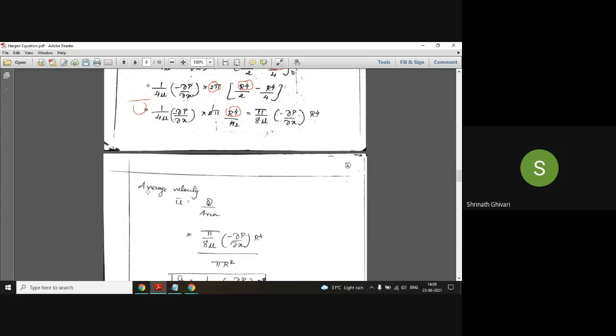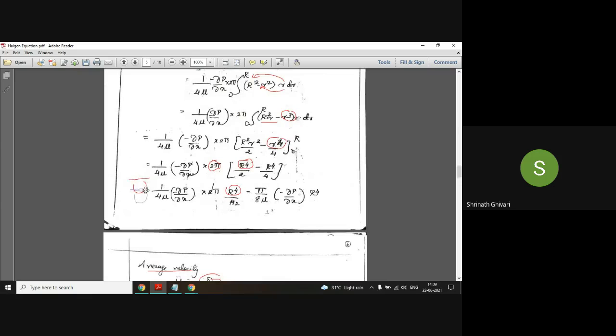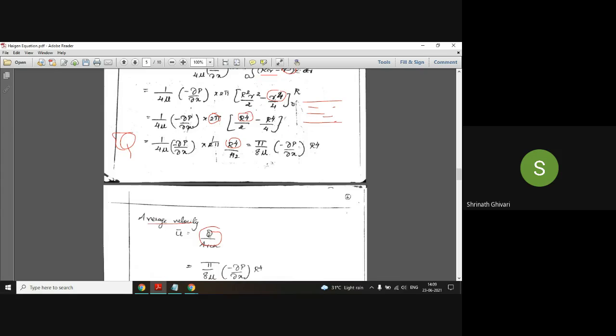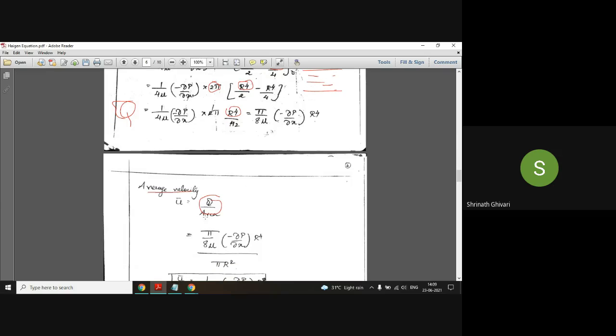Now, average velocity u bar is nothing but Q by area. We have got an expression for Q, the total discharge flowing through the circular pipe. If we divide this discharge by area, we get average velocity.